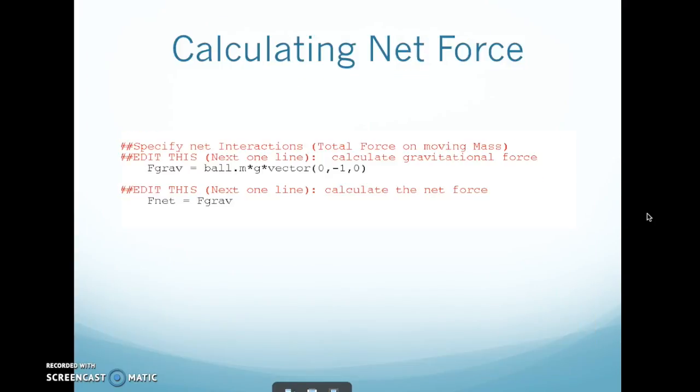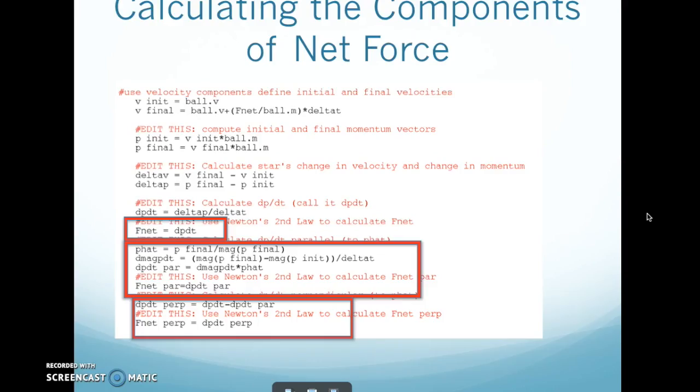Because I am neglecting drag force from my model, the net force consists only of the force of gravity, which is just the mass of the ball multiplied by the Earth's gravitation, or g, in the negative y direction. Next, I set up the equations for the components of the net force. I did this by using the equations for the components of the change in momentum over time, whose values are equal to the components of the net force.